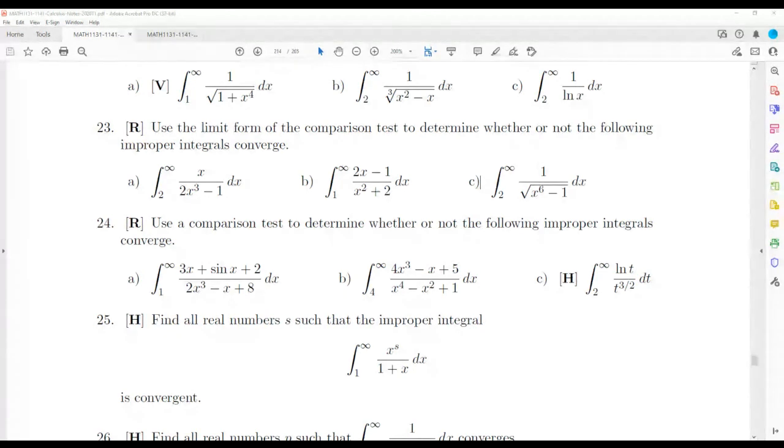Does it converge or diverge? So it's the very last question we're going to do. So sad. So just by looking at it, do you think it converges or do you think it diverges? This is the question.